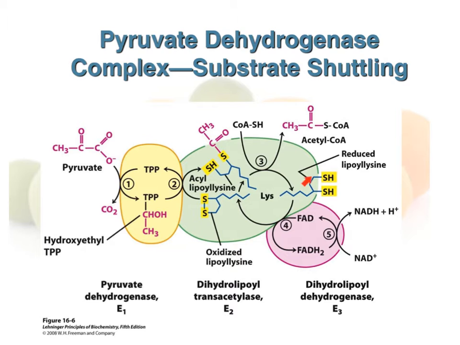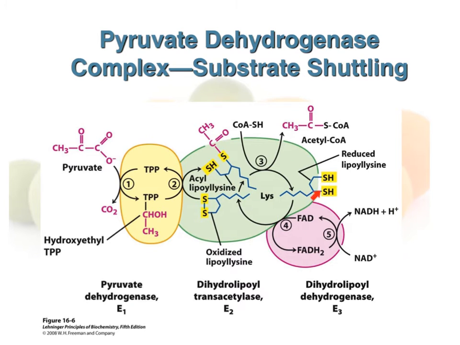But this can't be the end of the story, because otherwise we have SHs here, and we need it to look like this. That's where the FAD comes into play. So then the last, dihydrolipoyl dehydrogenase, this is a dihydrolipoyl group, what it does now is it's going to take the FAD and turn it into FADH2.